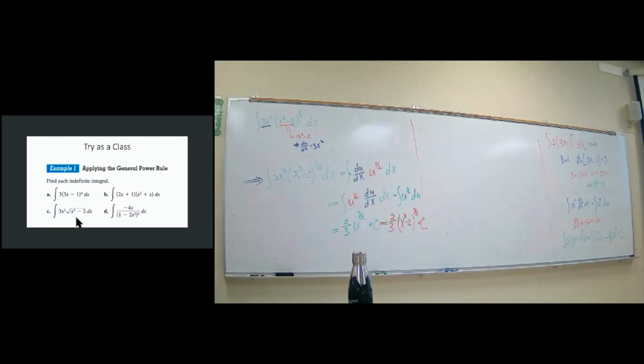So if we were to say this is u, then this would be du dx. And from there, we're able to set up a set of rules that lets us more easily integrate this. It's reverse chain rule.